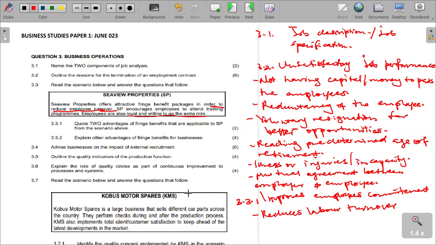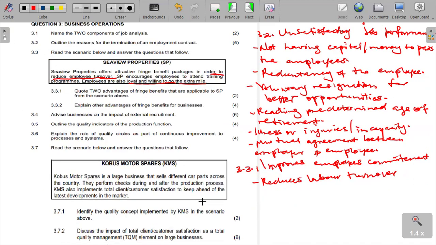Explain other advantages of fringe benefits for businesses. Other advantages that are there. 3.3.2. Other advantages of fringe benefits.